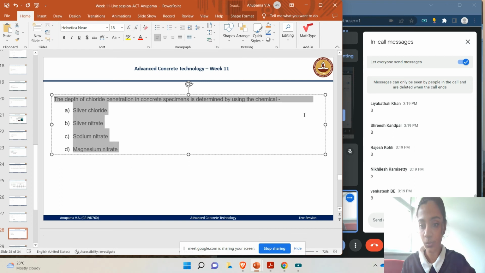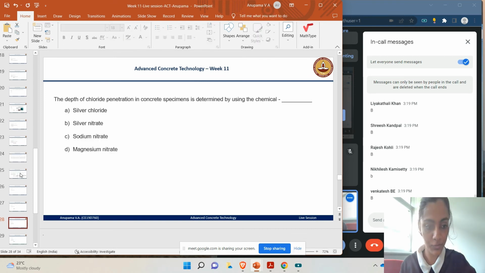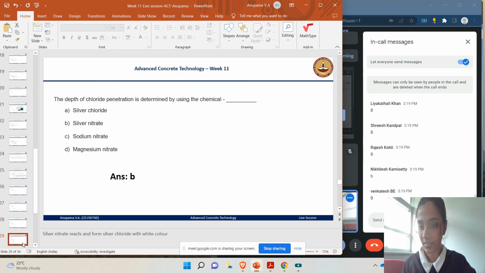Okay, so I think that's it. Let's move to the correct answer. The correct answer is B, as most of you have rightly said. We can use silver nitrate and spray it onto the concrete cut surface. If the chloride is penetrating in this direction, just cut it and spray it, so that wherever the chloride is present, silver nitrate combines with that chloride to form silver chloride.